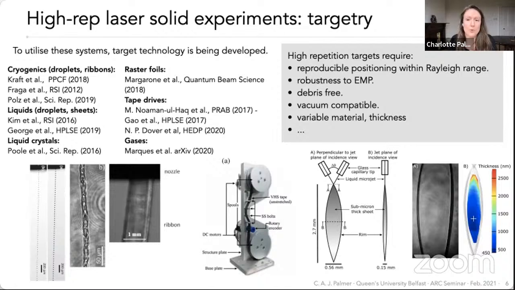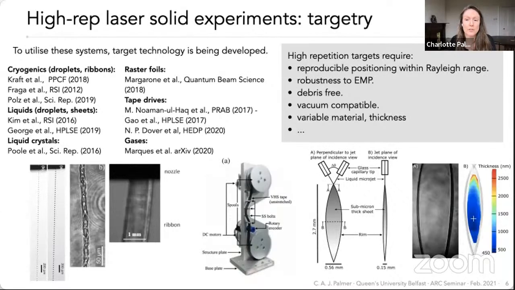There's also a whole suite of low debris targets that have been developed, which include gaseous clusters or even blast wave shaped gas sheets, using liquid or cryogenic droplets or ribbons or cylinder targets. Together with liquid sheet targets, which you can see pictured on the right, they provide kilohertz compatible operation.